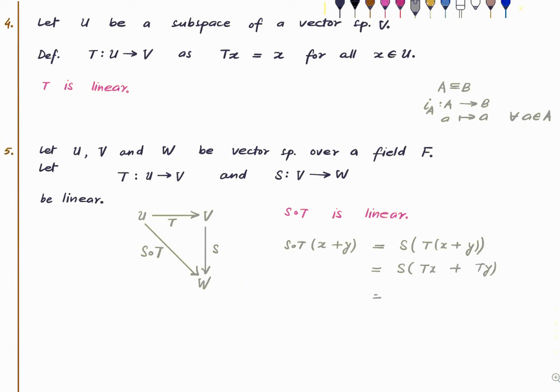But S is also linear, so this is S of T of x plus S of T of y, which is S composed with T of x, S composed with T of y, and that's it. So this checks that the composite respects the addition, similarly scaling, and therefore the composite of two linear maps is a linear map, of course, when you can compose them. Not any two linear maps are composable. They are composable if the target of one is the domain of the other. So the composite of any two linear maps is again a linear map, and that's a very nice fact.